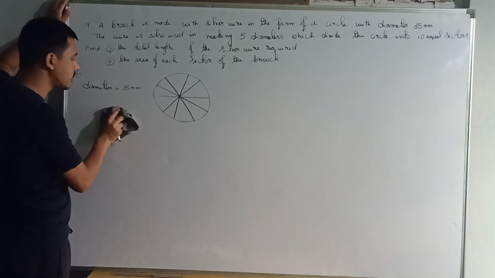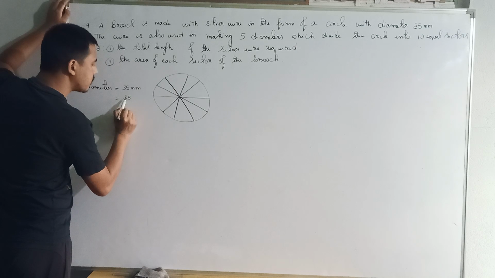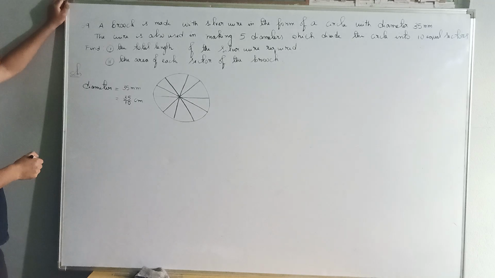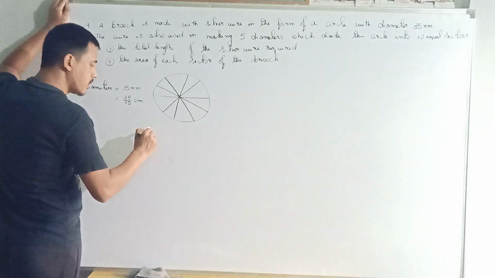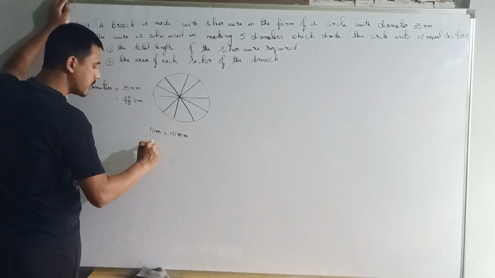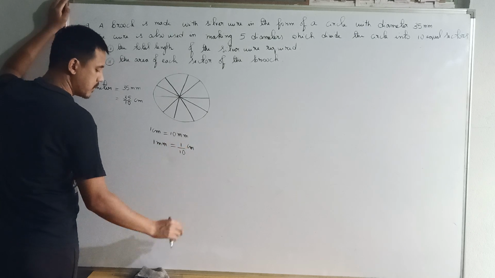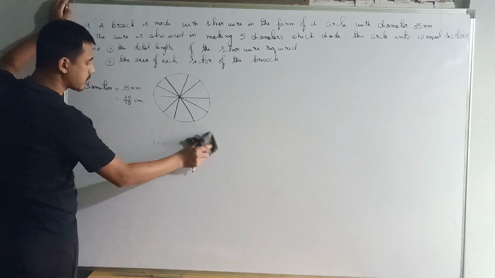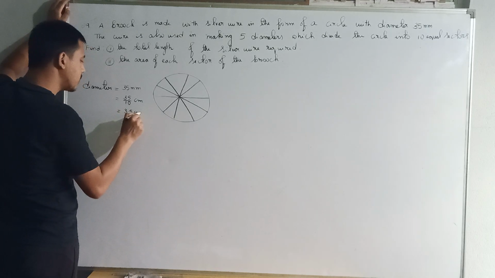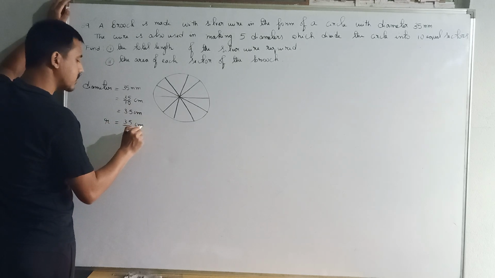If you convert millimeters to centimeters, you have to divide by 10, because 10 millimeters make 1 centimeter. The other way, 1 millimeter is equal to 1 upon 10 centimeter. So the radius is 3.5 centimeters.